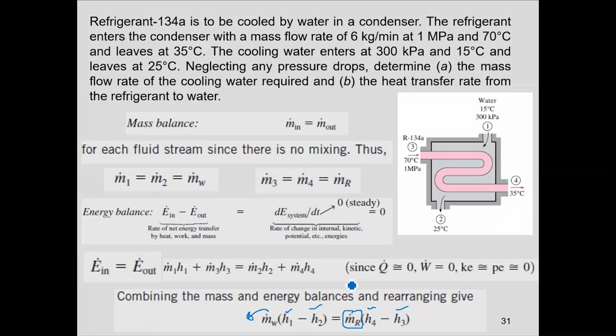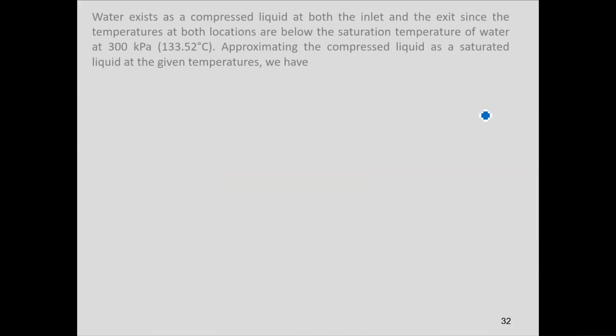Using tables, sir. Yes, using the respective tables. For water, you would use steam tables, and for the refrigerant R134a, you would use R134a tables. Let's first consider the enthalpies of water, h1 and h2. At 300 kilopascal, the pressure for both conditions, the saturation temperature is 133.52, and both temperatures for water, 15 degrees centigrade at the inlet and 25 degrees centigrade at the outlet, are less than the saturation temperature.